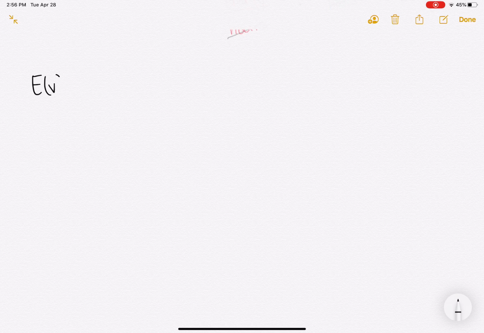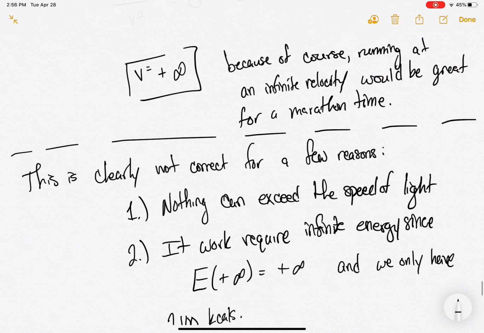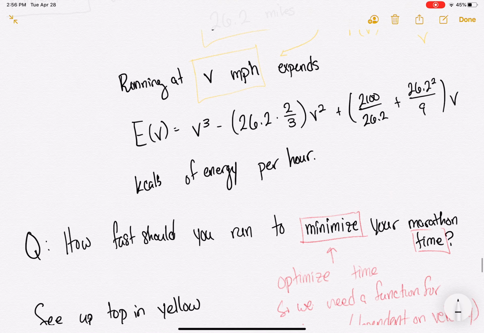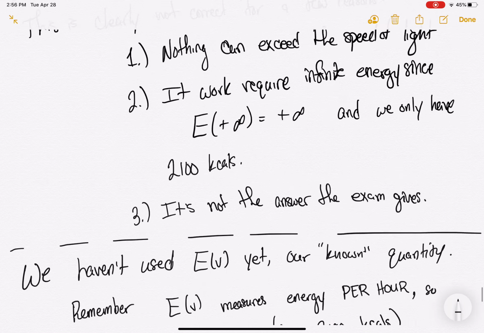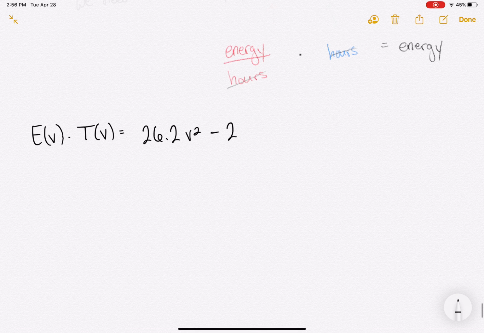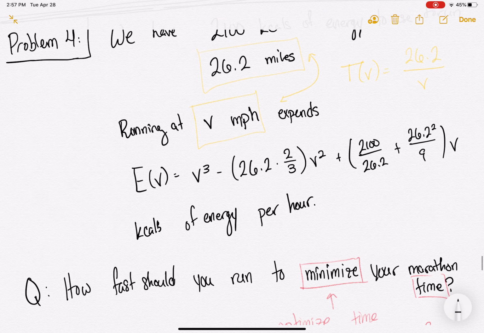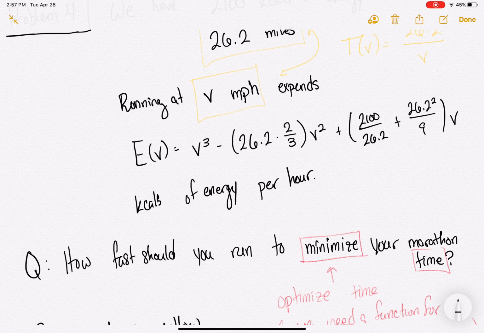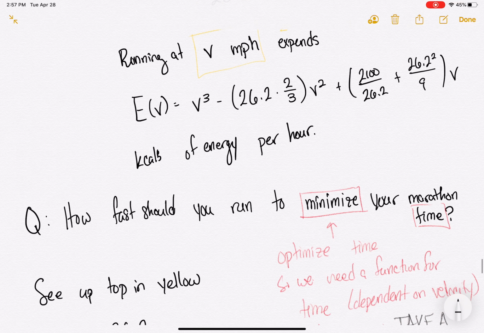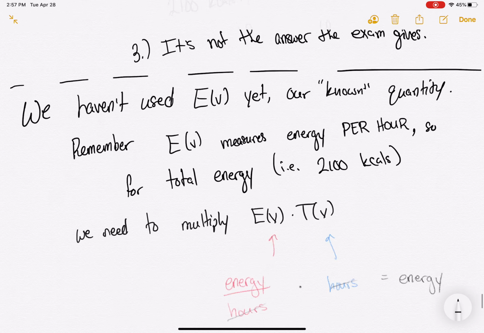E of V times T of V is going to be 26.2 V squared. And then we get minus 26.2 squared times 2/3 V. Then this last piece is going to be 2100 plus 26.2 cubed over 9.